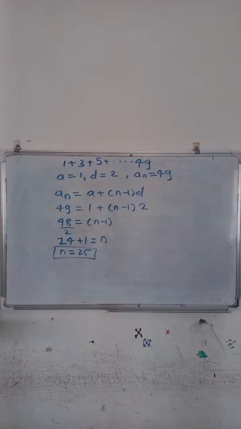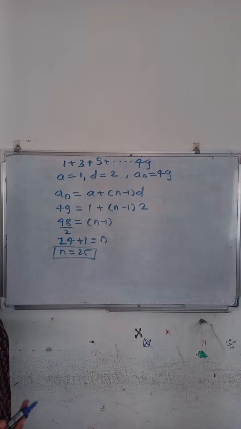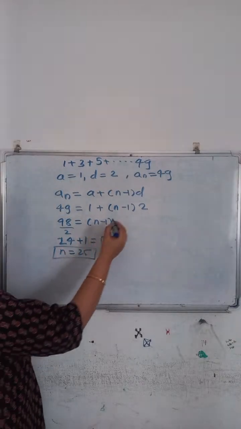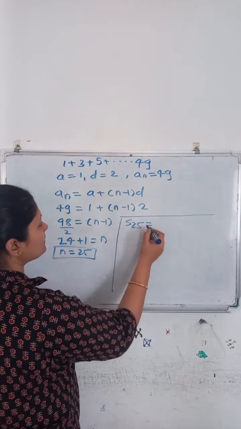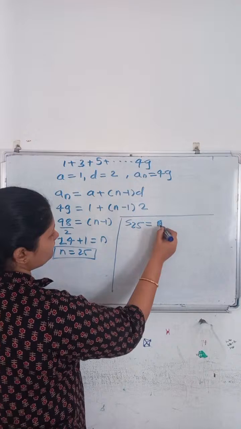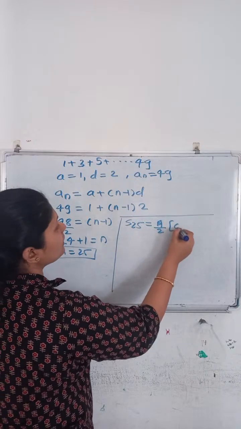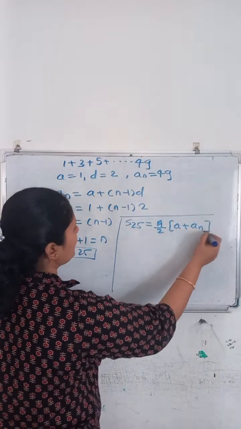So we got n as 25, then find the sum of 25 terms, because we now know how many terms there are. We have to show this working as this question is for 3 marks. So n is equal to 25, then you can go for the sum of the first 25 terms, that is equal to n by 2 into a plus an.